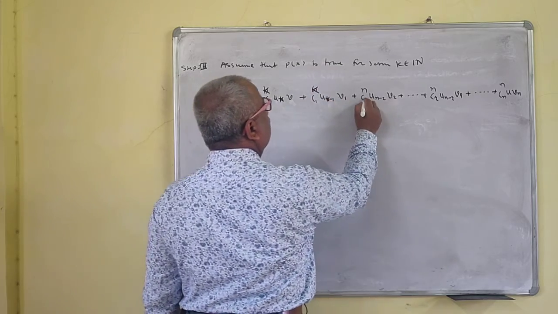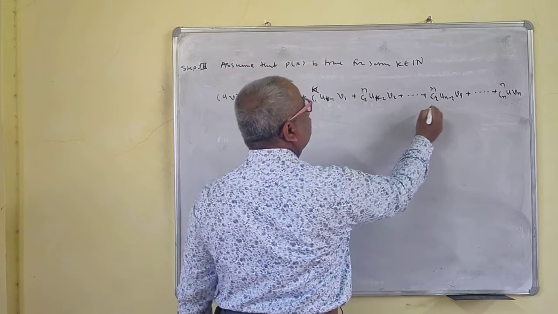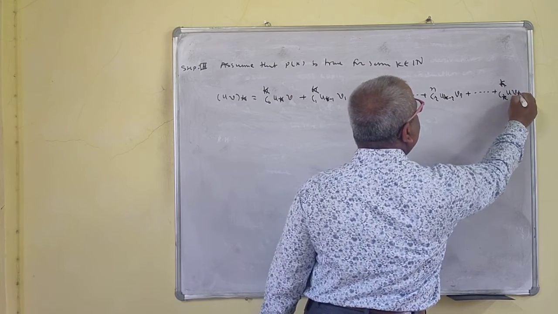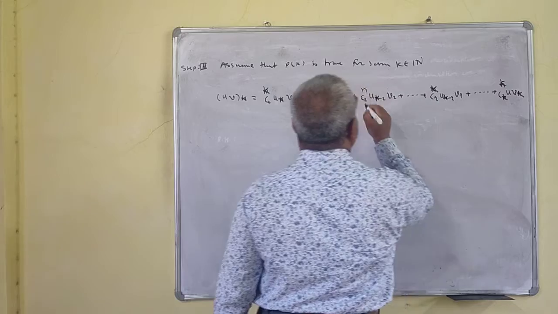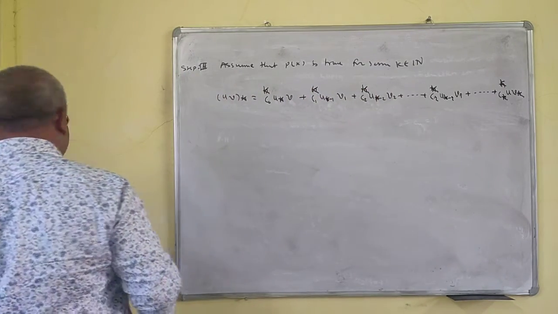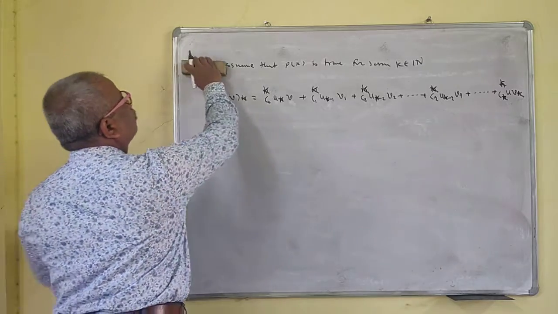So this is k, this is k, and replace k everywhere.